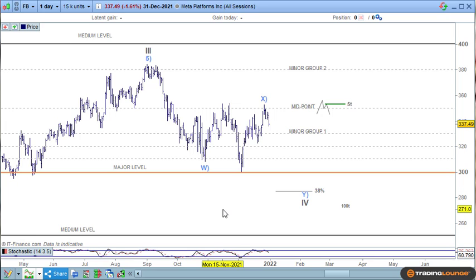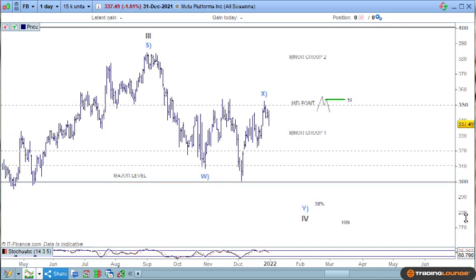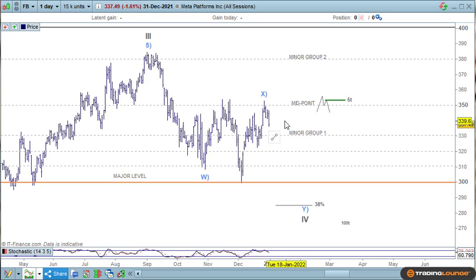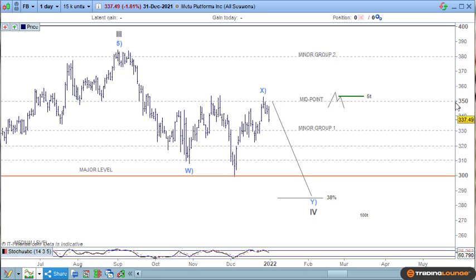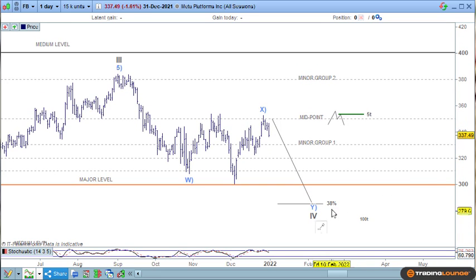There is a possibility that we can go higher, but we would need a classic trading levels setup on the midpoint for that. Otherwise, we're looking for a continued move lower, and this is the 38.2% retracement level down here at 285, but obviously the 300 being a large number will skew what happens at that point in time.